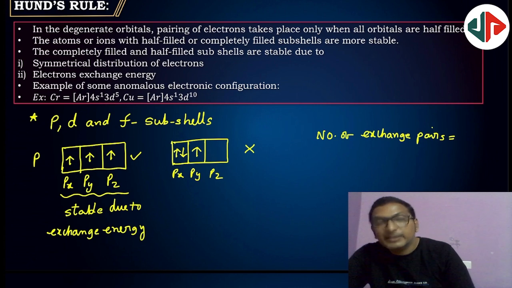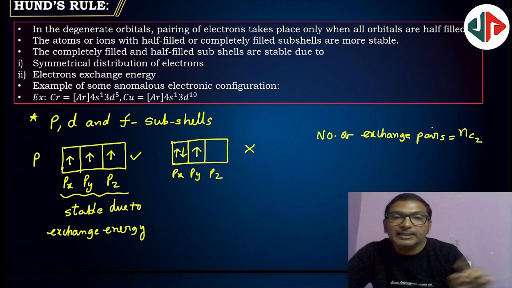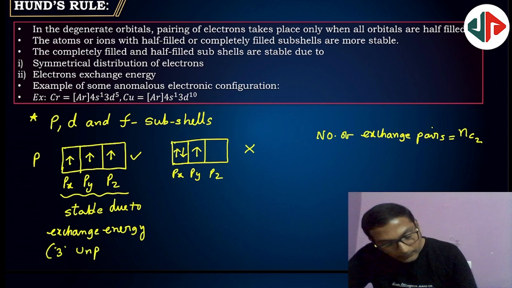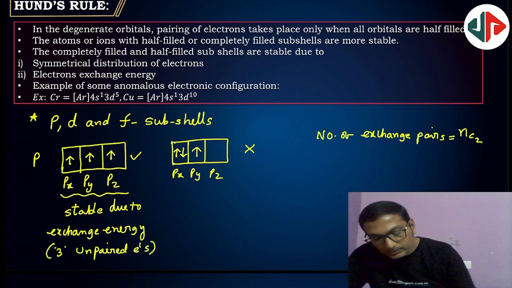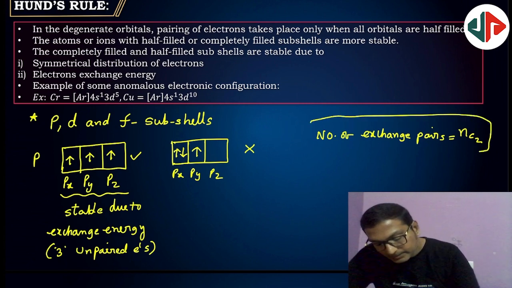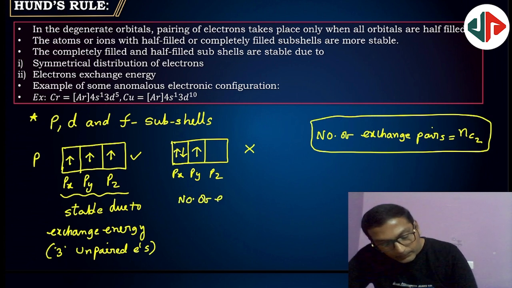Number of exchange pairs equals NC2. We have to select 2 out of N electrons. Here 3 unpaired electrons are there. So the number of exchange pairs, remember this formula, equals 3C2.